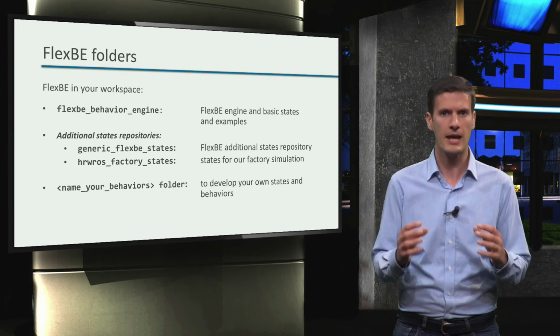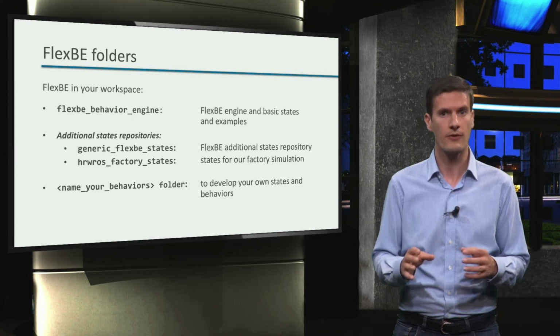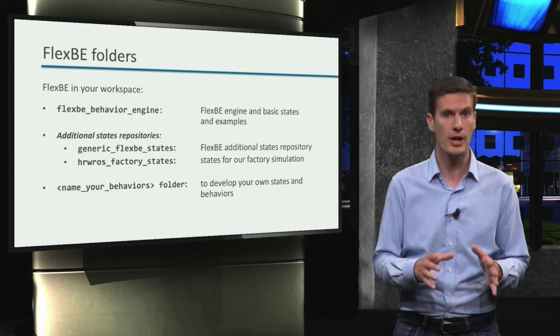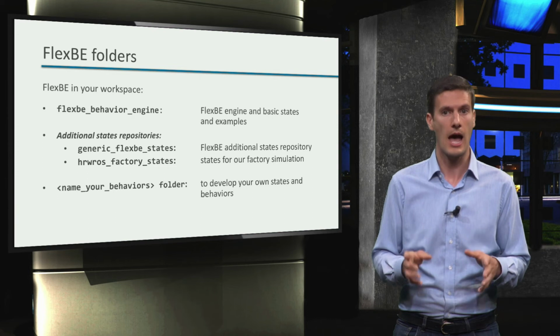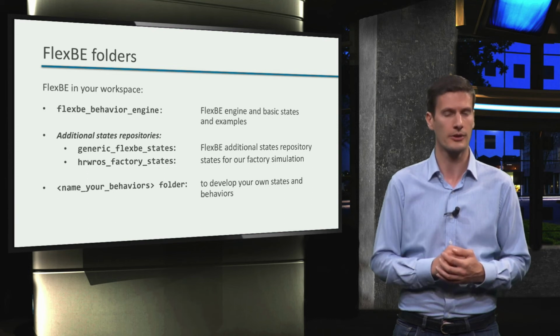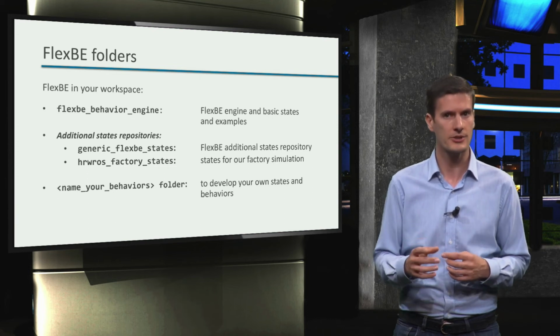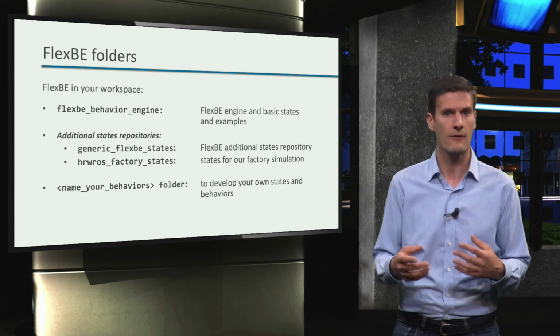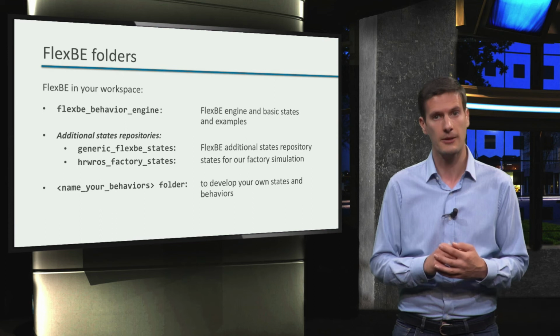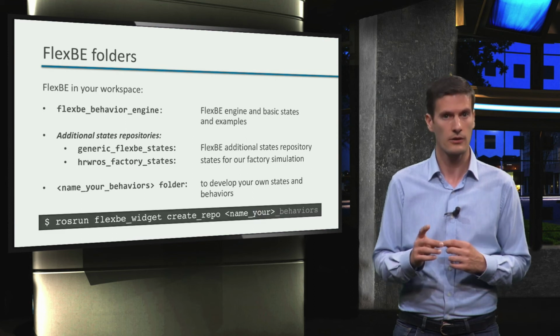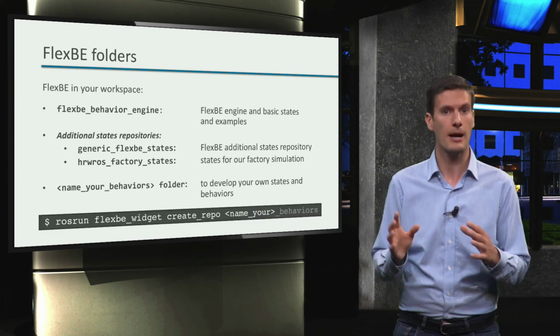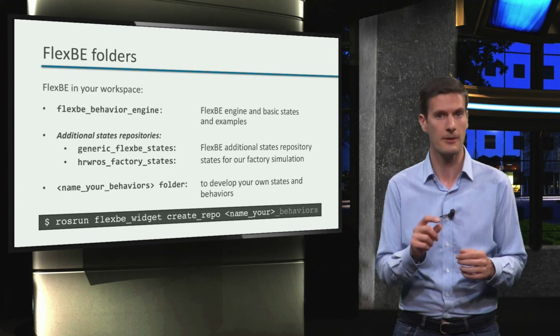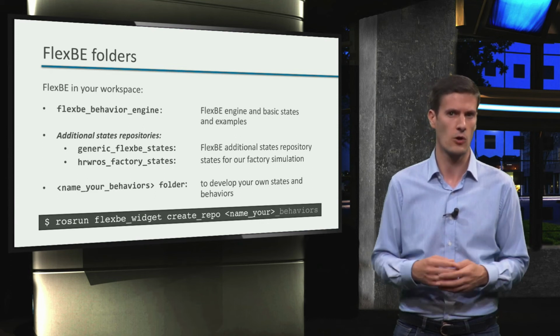You can simply execute rosrun flexbe_widget create_repo, adding the name you want for this folder. I recommend you use a name that identifies what it is. For example, HRWROS factory and your name. Be aware that the tool will automatically append _behaviors to the name, so you don't need to put that, or it will be repeated.